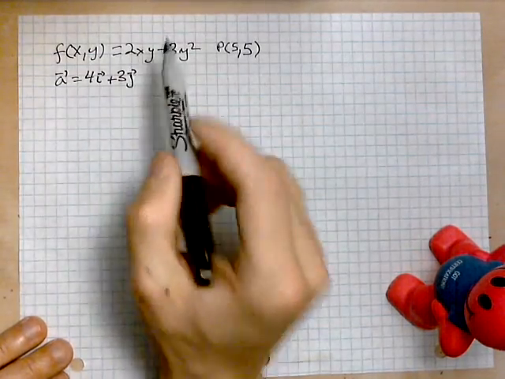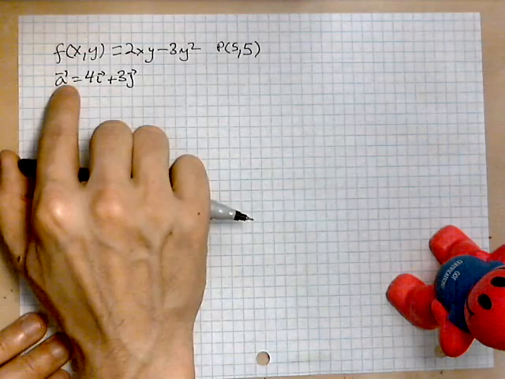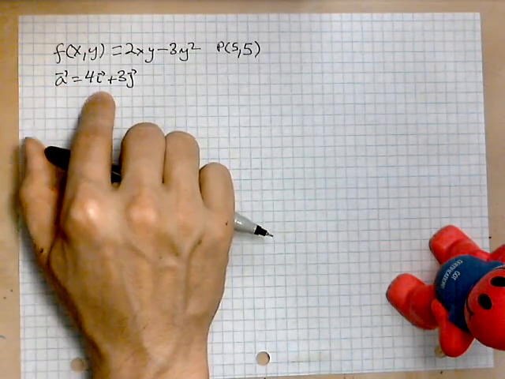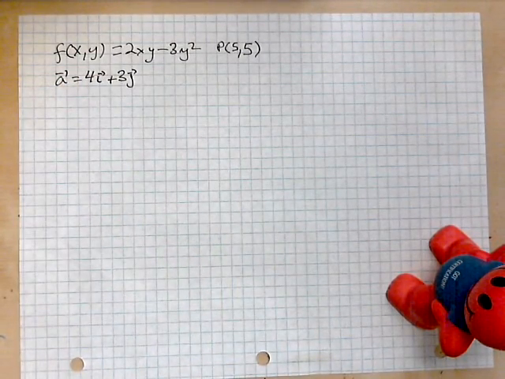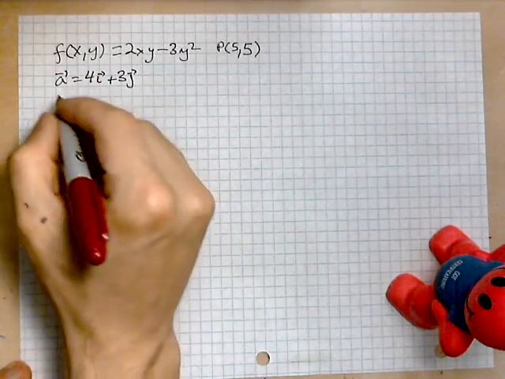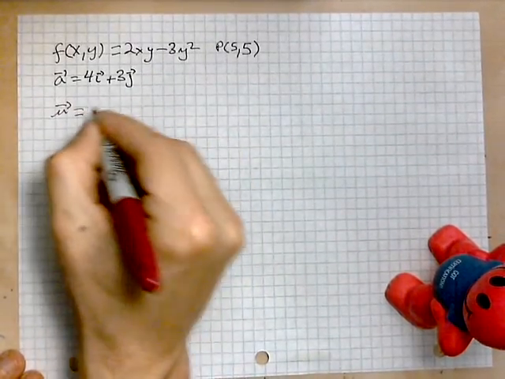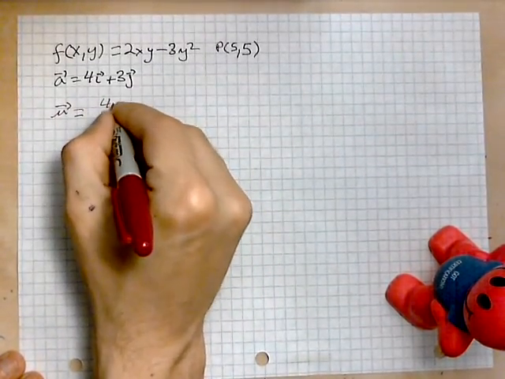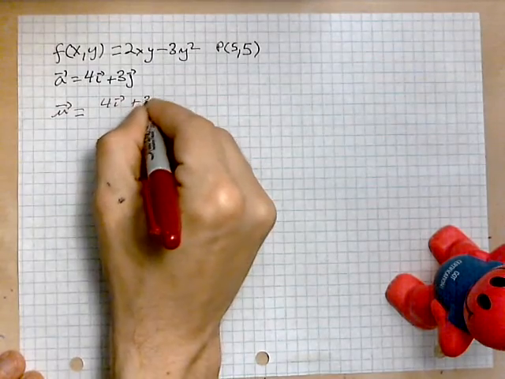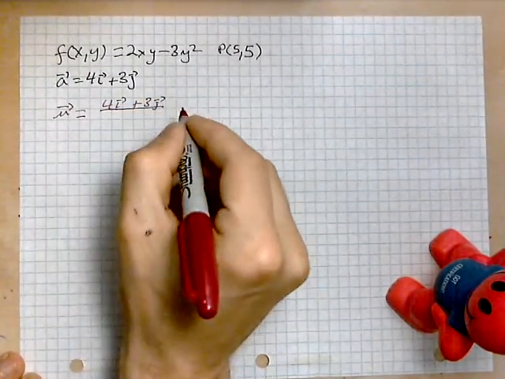And this is f. It's defined this way. That's the point (5, 5), and this is the vector a. So the first step is this. You've got to write down a unit vector in the direction of a. To find a unit vector, all you have to do is take a and divide by its magnitude. So the unit vector here is 4i plus 3j divided by its magnitude.